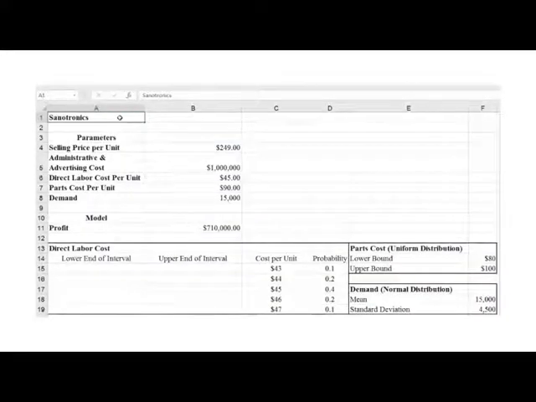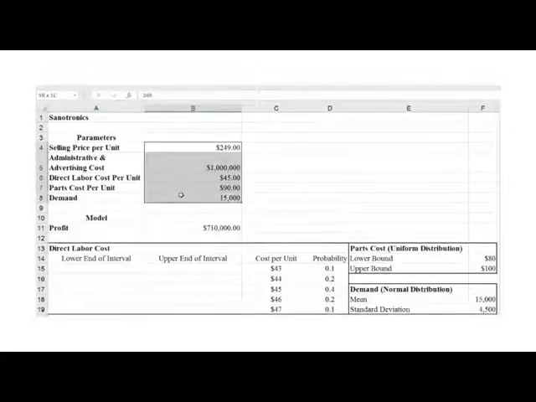This spreadsheet contains the Sanotronics model for computing the profit corresponding to first-year sales of a new medical device. Cells B4 through B8 contain the current values of the 5 parameters. The selling price per unit is set at $249. The administrative and advertising cost is set at $1 million.